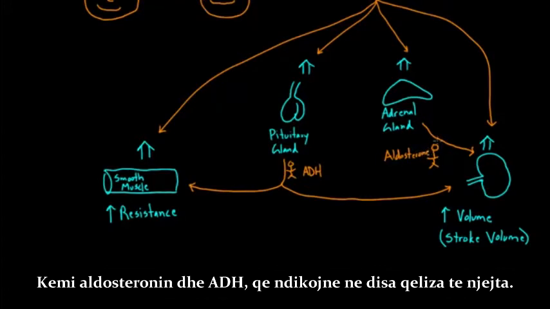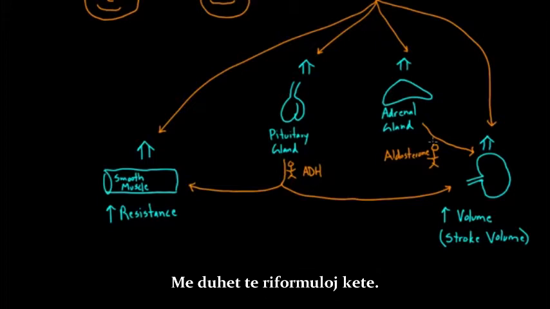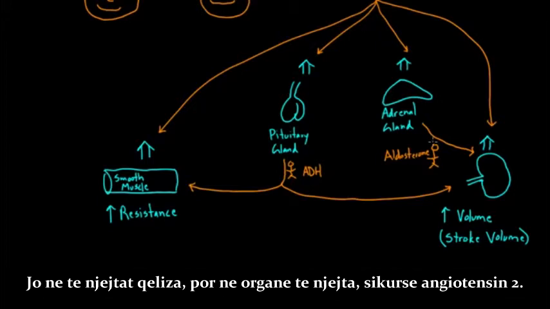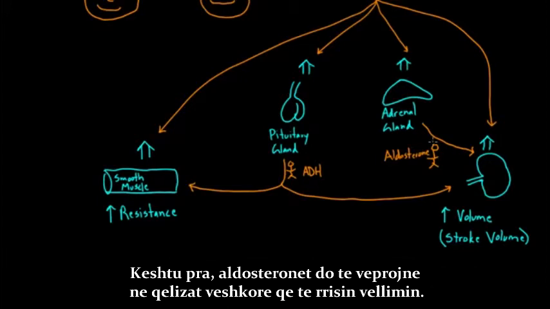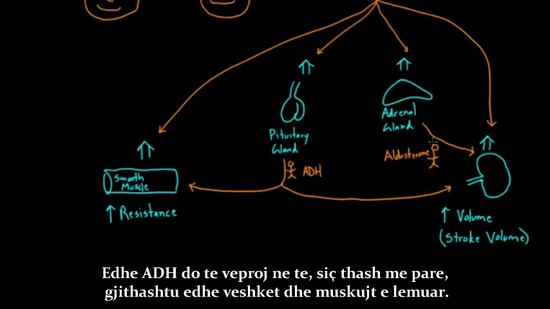So you've got aldosterone and ADH that are also acting on some of the same cells. And I should rephrase that, not exactly the same cells, but the same organs as the angiotensin II. So here, aldosterone is going to act on kidney cells to increase volume, and ADH is going to act on, as I said before, the kidney and smooth muscle.